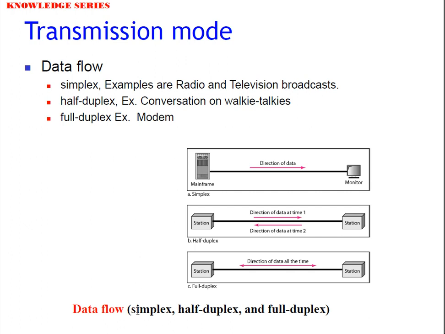So data flow takes place in simplex, half duplex, full duplex. This is unidirectional, and this is bidirectional, that is two-way communication. This is also two-way communication, but one at a time, whereas here both can communicate together.